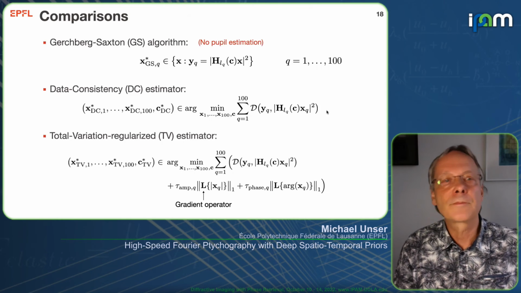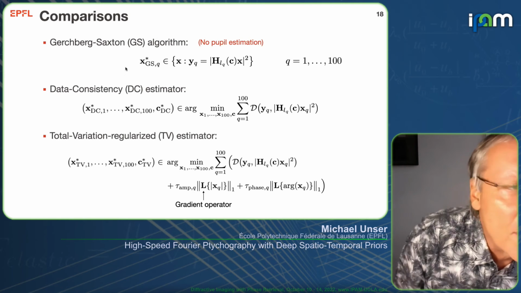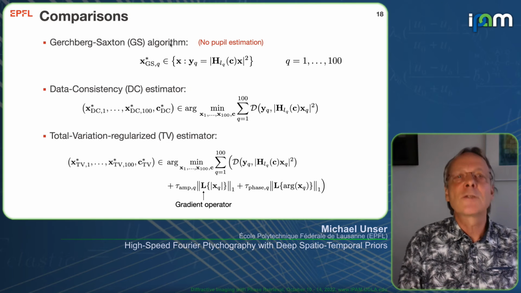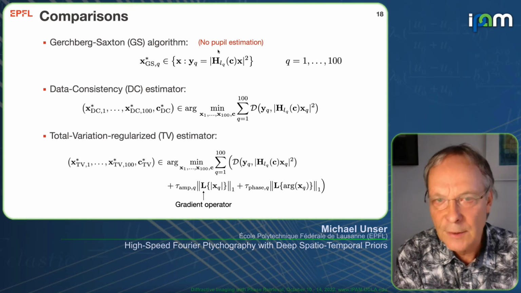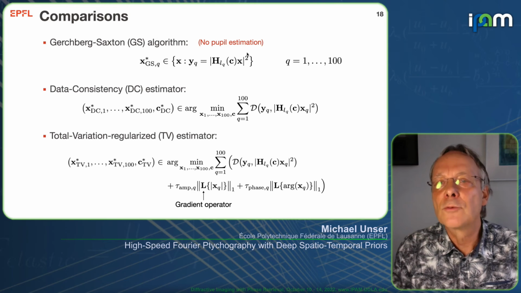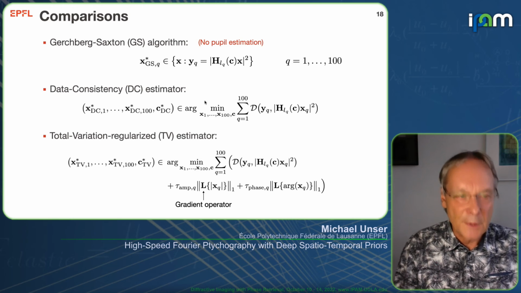Okay, so now we compare some methods. The baseline is the Gerchberg-Saxton algorithm, which is the standard algorithm. This one is not able to do any pupil estimation because there's no explicit optimization here.